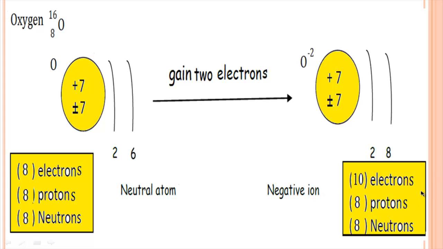Because the number of negative electrons here becomes 10, more than the number of positive protons, 8. So this is the electronic configuration of oxygen, and its type: it forms a negative ion. Non-metal forms a negative ion. Thank you.